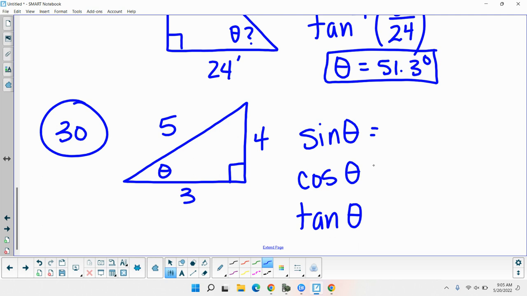So SOH is opposite over hypotenuse. CAH is adjacent over hypotenuse. And TOA, opposite 4 over adjacent 3. So that stuff should still be pretty fresh in your minds.